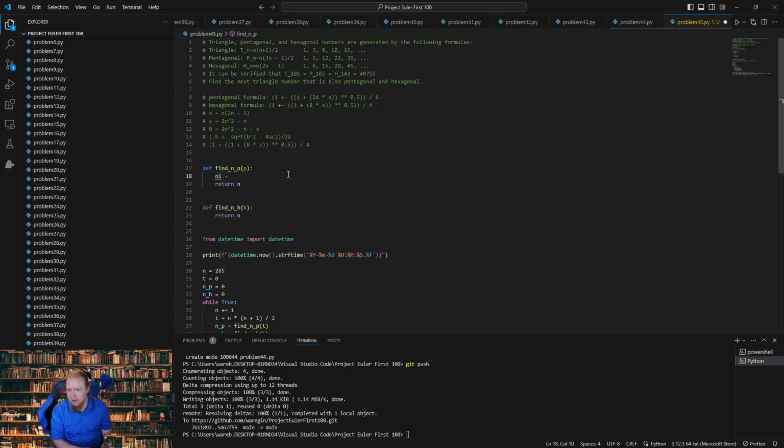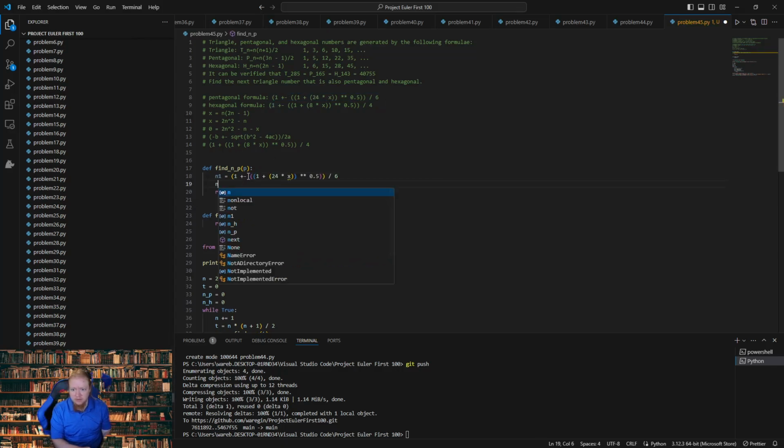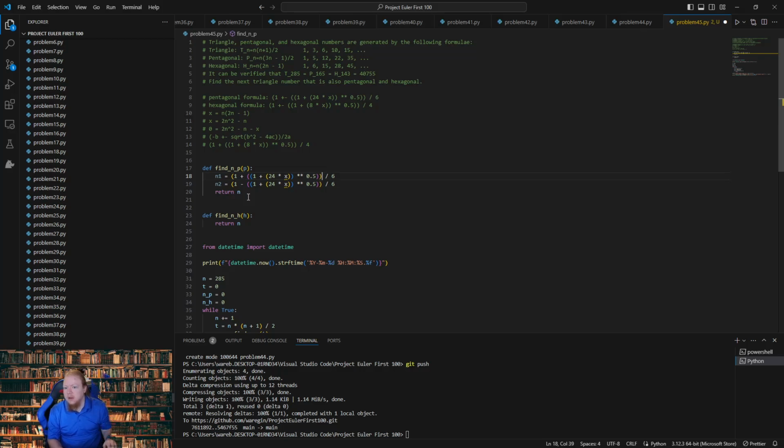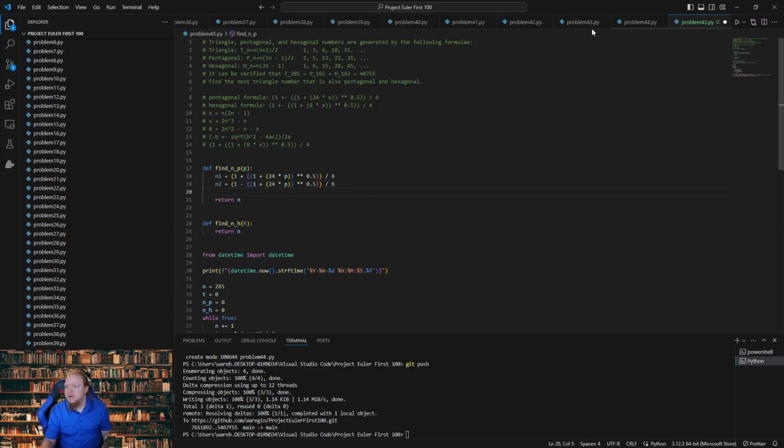So n1 is, for the pentagonal, we've got an n1 of this, and an n2 of this, and we replace our x's with our p. Nope, don't want that.